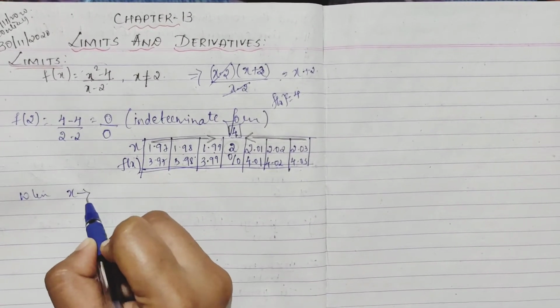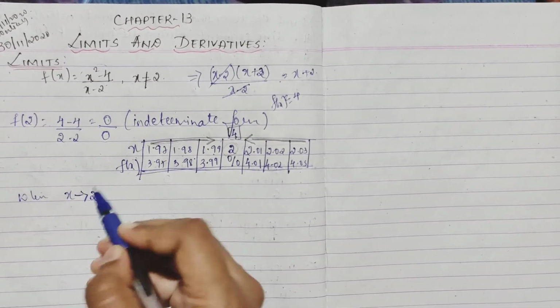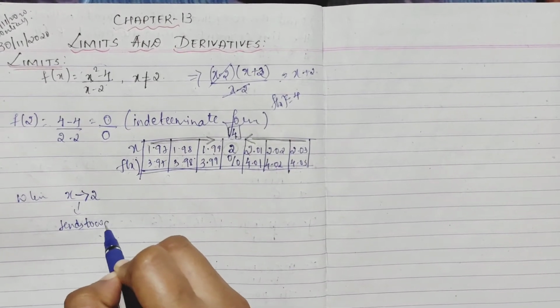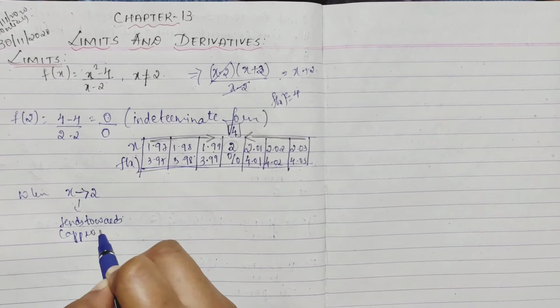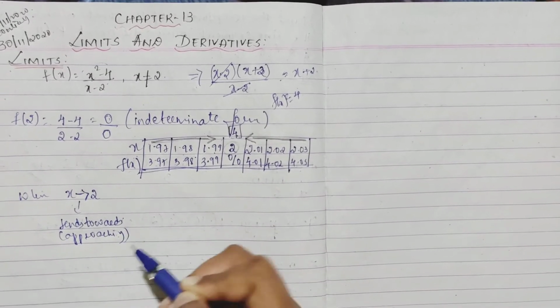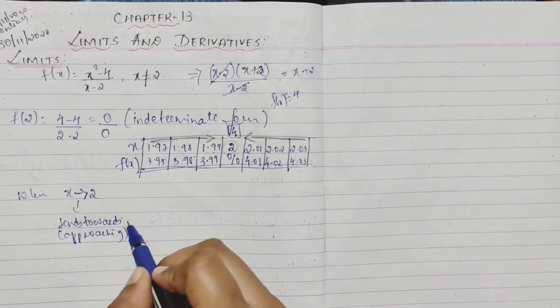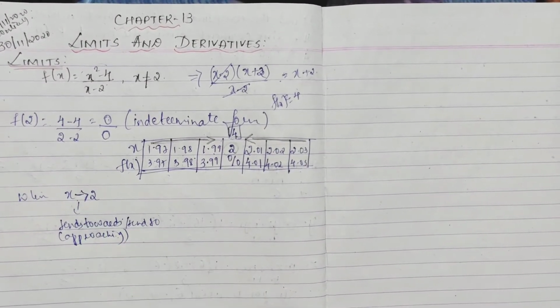See, when x tends towards 2, this arrow means tends towards, or you can say approaching. In limit language we write it like this mathematically.